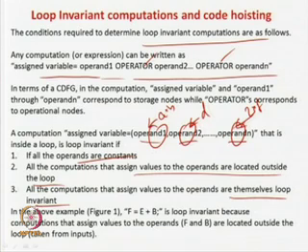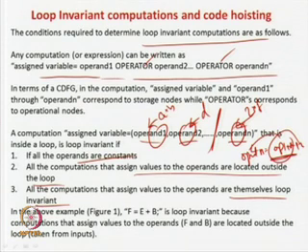And say operand 1 and operand 2 are assigned outside the loop, and operand n equals operand 1 plus operand 2. Then this is the recursive definition in the third case. The values of these two operands are assigned outside the loop, and they are being assigned to operand n, so obviously the operand n value will also not change inside the loop.